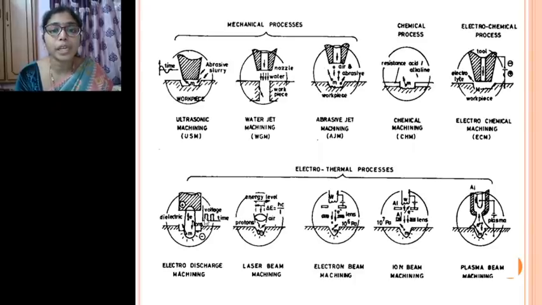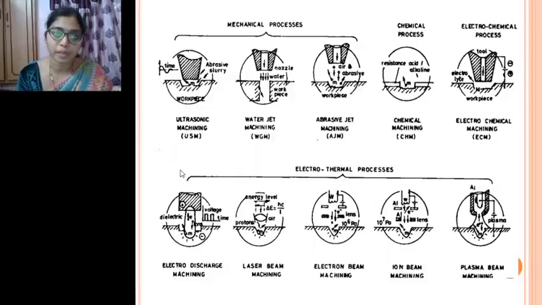Now, as we have seen the classification of these different types of processes, in the mechanical processes we have ultrasonic machining, water jet machining and abrasive jet machining. All these three use which type of mechanism to remove the material?